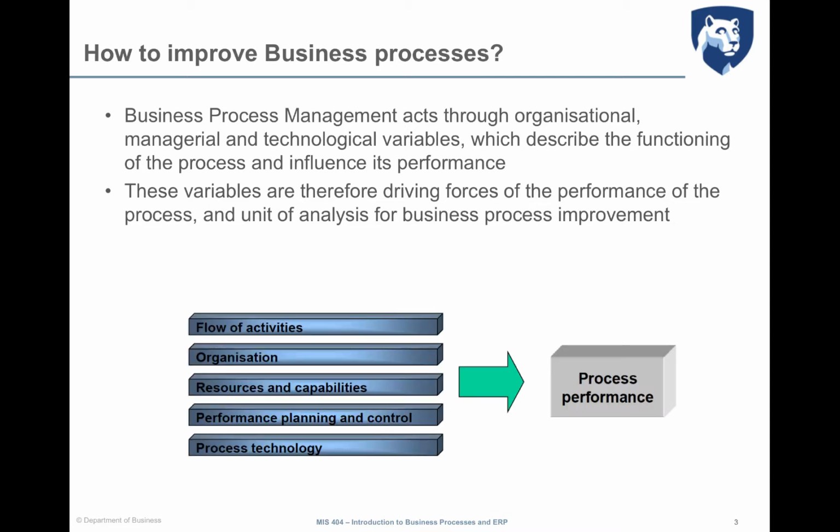Following this rationale, a diffuse framework identifies flow of activities, organization, resources and capabilities, performance planning and control, and process technology as the common levers for business process improvement. And now we will go in detail through each of these pillars in order to understand how to improve process performance and process functioning by moving some of these levers.